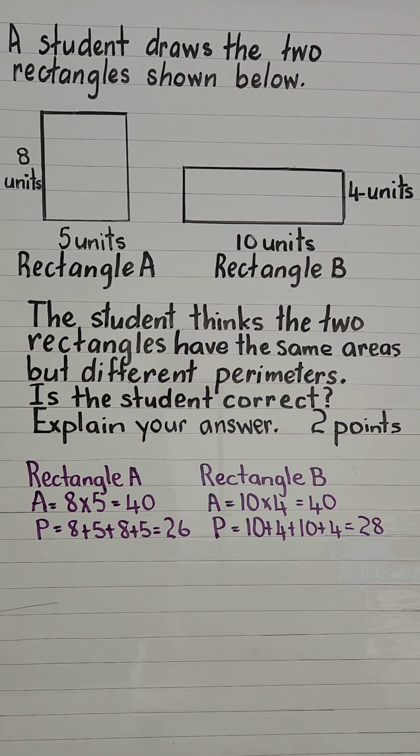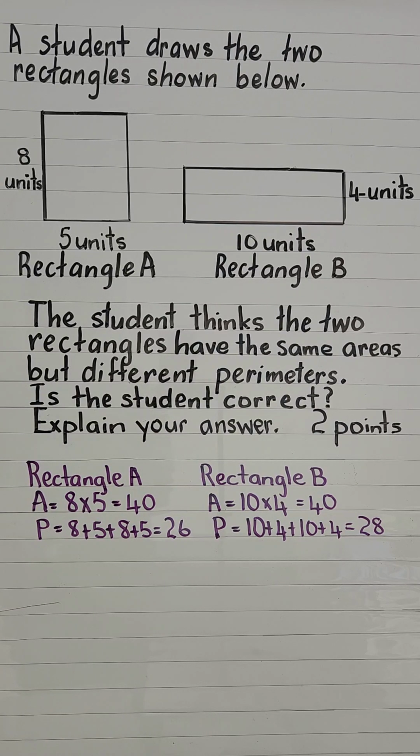The answer is yes. But we're going to be trying to get 2 maximum points, so we're going to explain our answers. And remember, to get the 2 maximum points, you have to explain, mentioning what we just did. So our explanation would sound like this, exactly what we said.